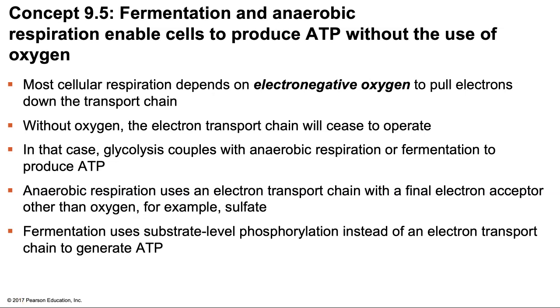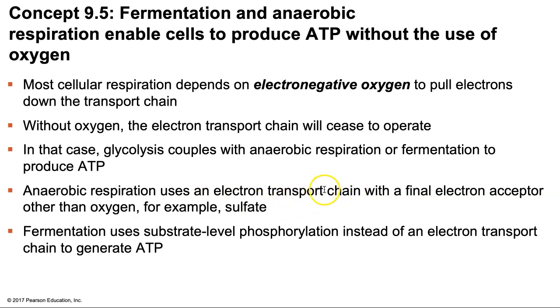So in this case, there are two options, right? We have glycolysis. We always start with glycolysis. So glycolysis can then either couple with anaerobic respiration, or fermentation. Anaerobic respiration uses an electron transport chain with a final electron acceptor that is not oxygen.